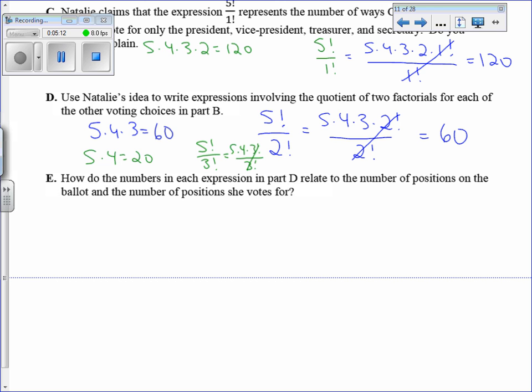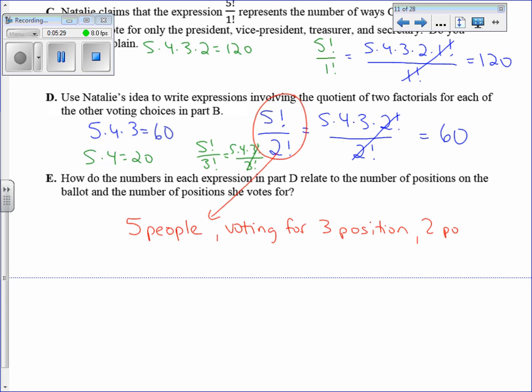okay, so in this case here, if we look at this one, we have 5 people, and she's voting for 3 positions. So there's 2 positions she's not voting for. Voting for 3 positions, not voting for 2 positions.